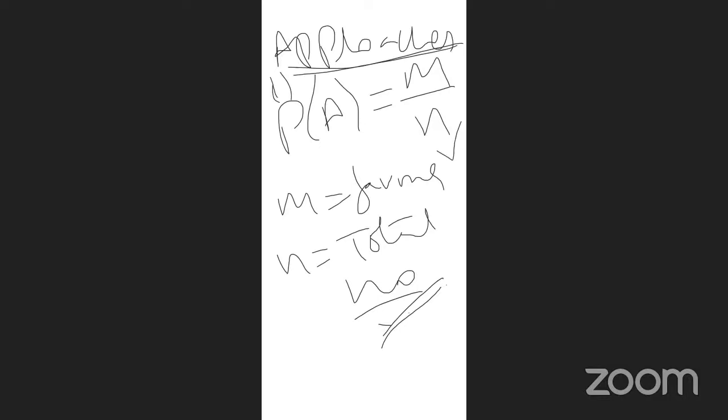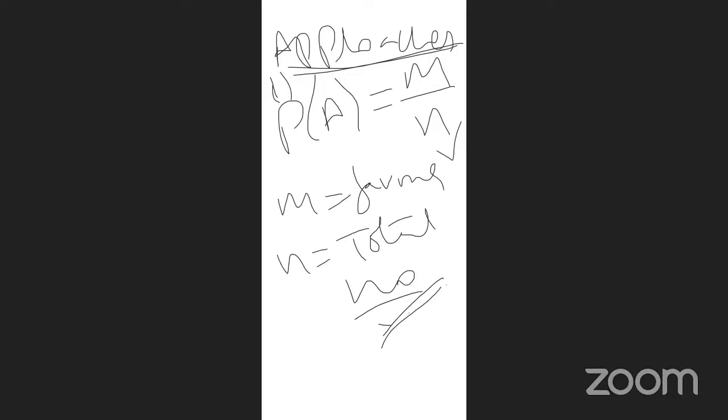What is it? Well in advance, whatever the occurrence may be, it is stated before the happening of an event. That is called the classical approach of probability.